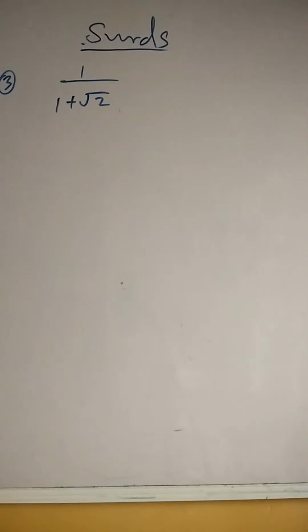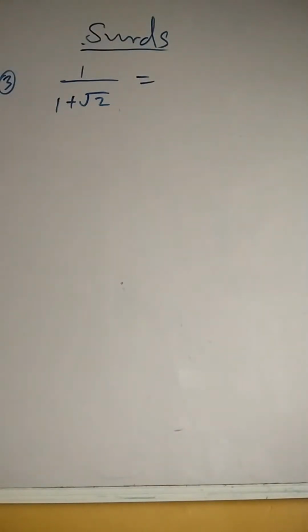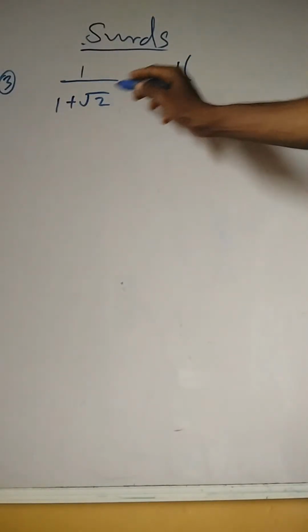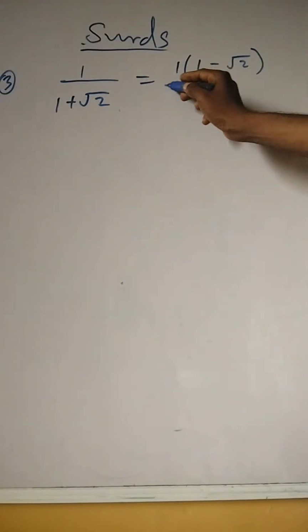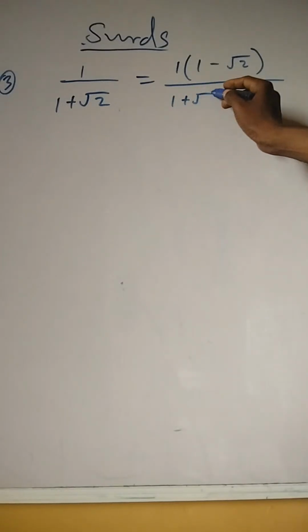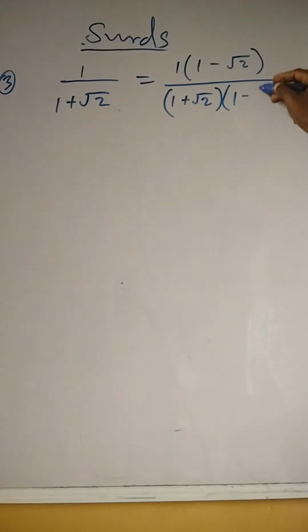Also, when we rationalize this, we multiply the numerator and the denominator by the conjugate of the denominator. Here this becomes 1 times the conjugate, which is 1 minus root 2. Then divide by, also multiply this by the conjugate. We have 1 plus root 2 into brackets, also multiplied by the conjugate, 1 minus root 2.